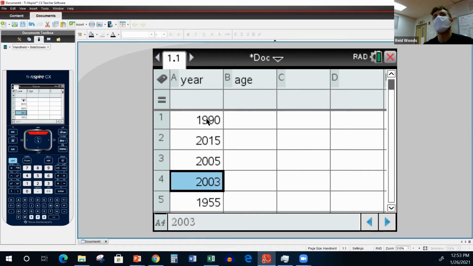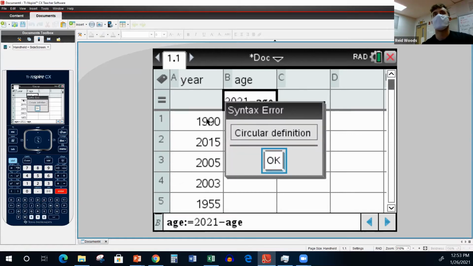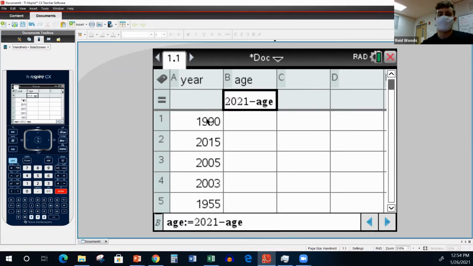Now, how can we get the age in this column here? Using our little formula sheet at the top. Equals 2021 minus the year. And this tells us the ages. Oh yeah, that's circular, okay. Year, yes, year, sorry, year.